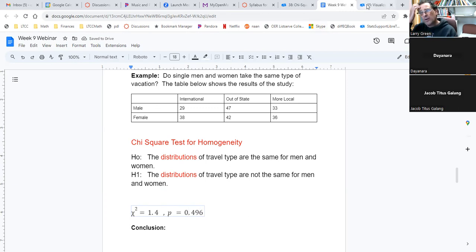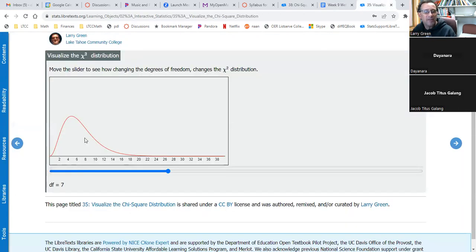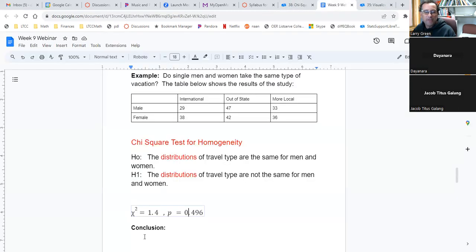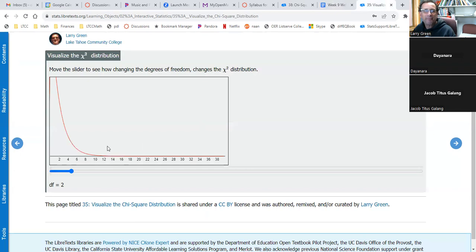Just to note, I think it's worth it to go back and look at this. We actually have 2 degrees of freedom for this example. And if you look at the chi-squared value, which was 1.4, that's about here.